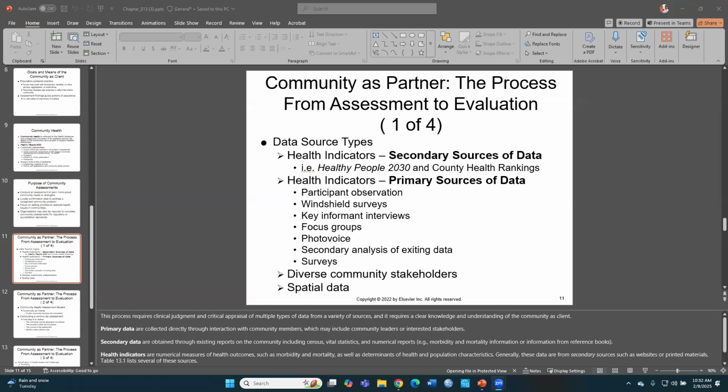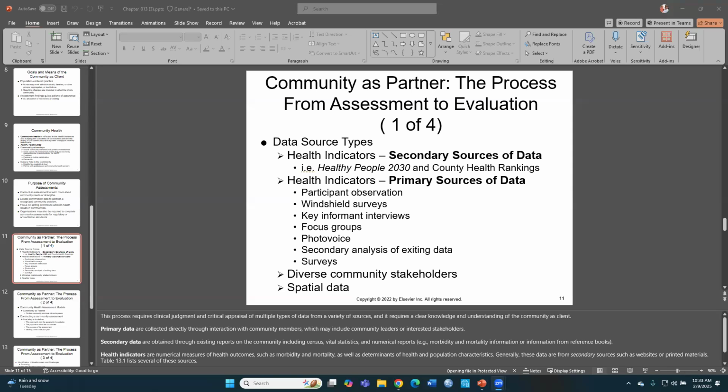So using the nursing process as a community health nurse, then we can determine the health needs within the community. We can assist in developing and implementing strategies to meet those needs. And then, as part of that, it's necessary to expand the assessment or the nursing process to the community.